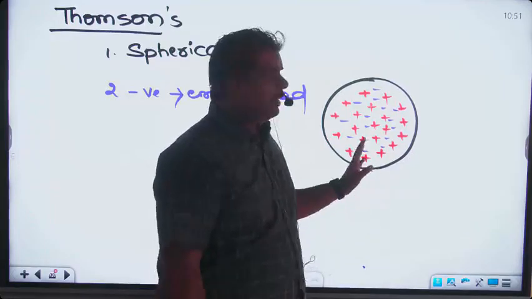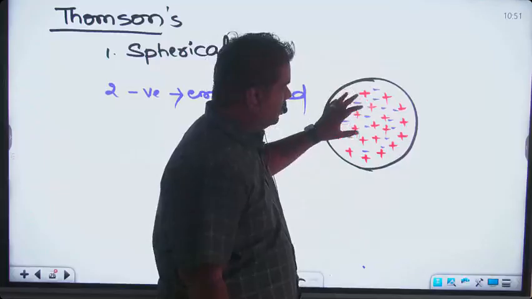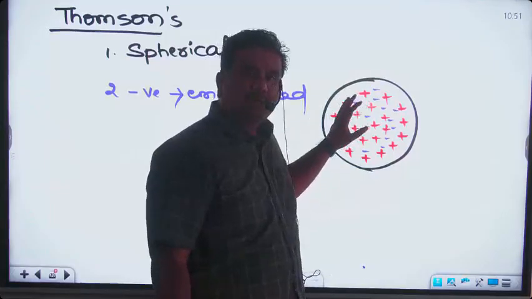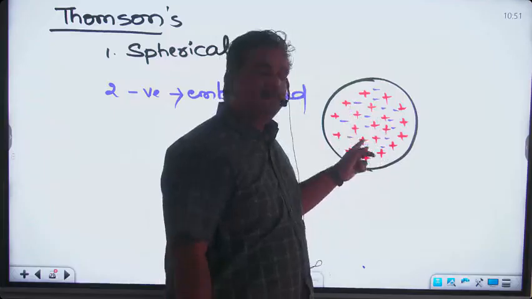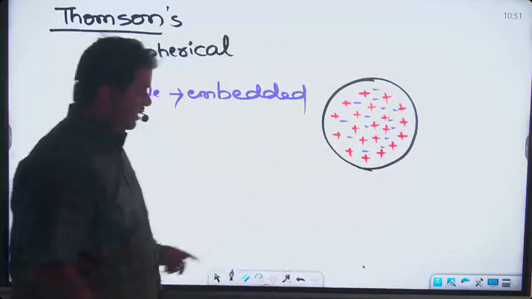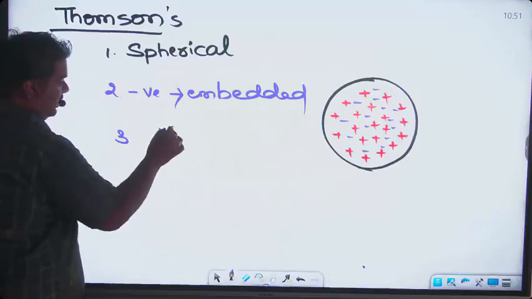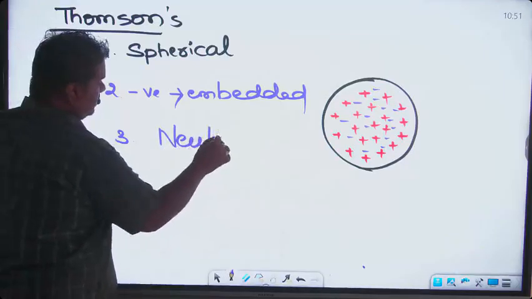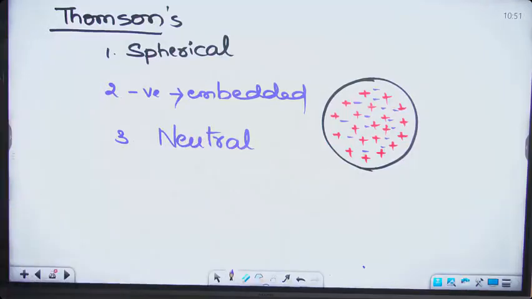So when the positive and negative charges in the atom are together, they will combine. And when they combine, they become neutral. So according to Thomson, atoms are electrically neutral.